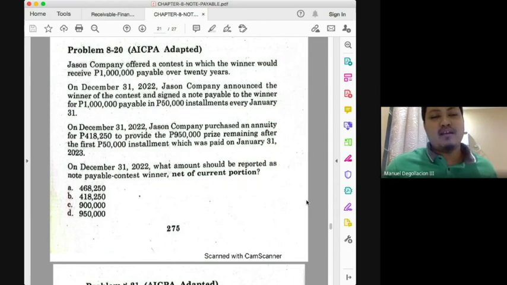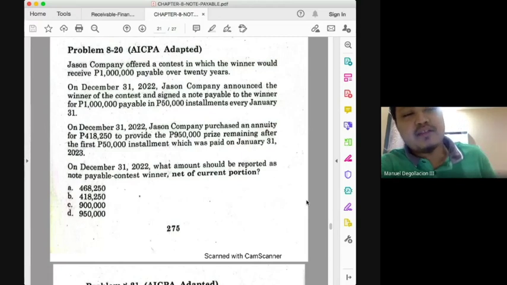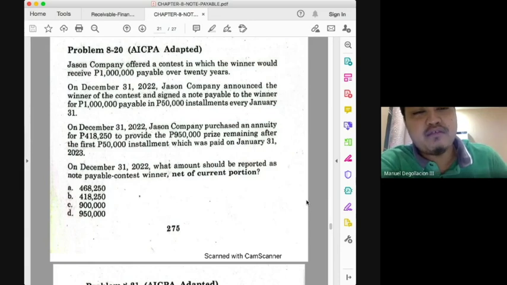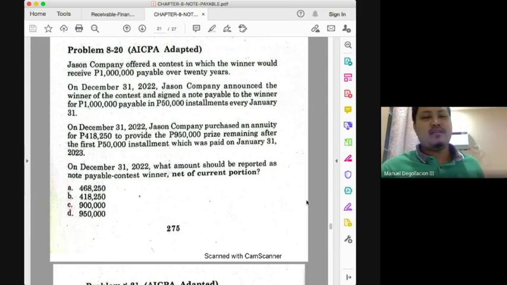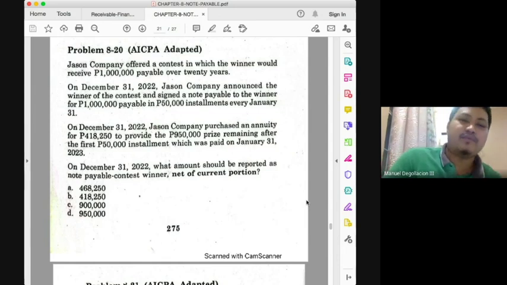If you can buy something for 418,250, then that must be the fair value of such item. If you can buy a 950,000 annuity for 418,250, then that must be the fair value of that 950,000 annuity. So the answer here would be 418,250.